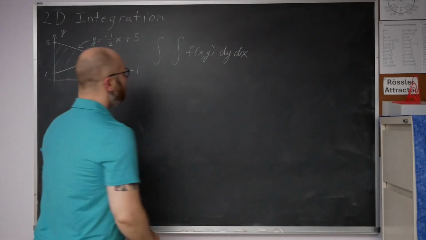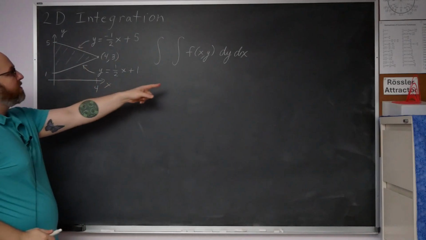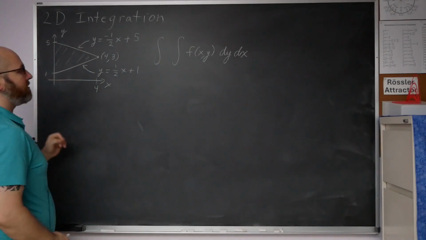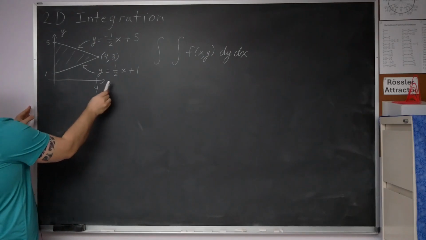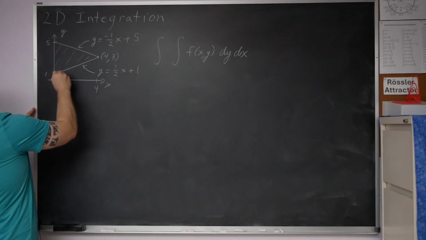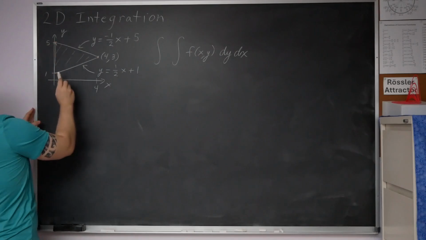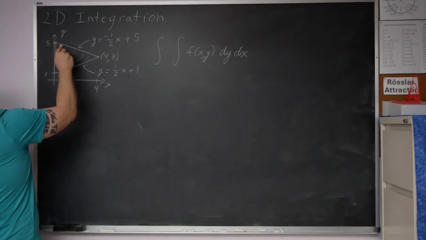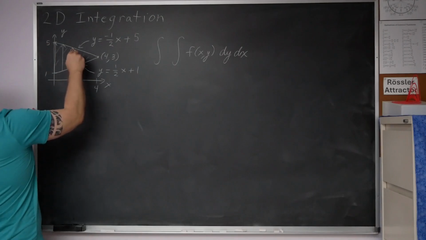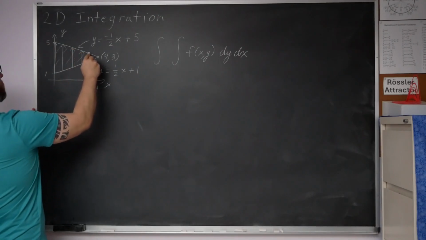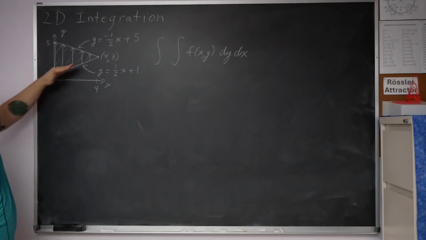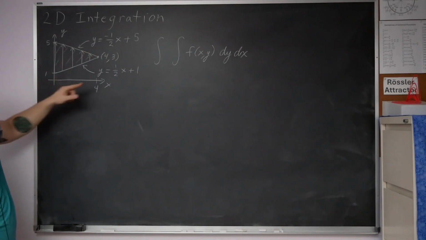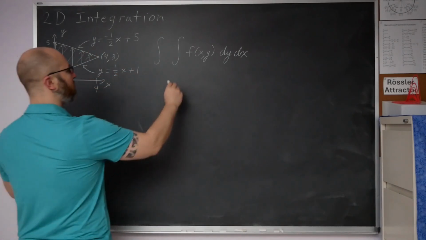So if I look at y, I'll start with the interior integral bounds this time. I've already picked x on the outside, so if I'm at x equals 0, I go from this line up to that line, and I just do that over and over again. So my lower bound is this line equation right here, 1/2 x plus 1.